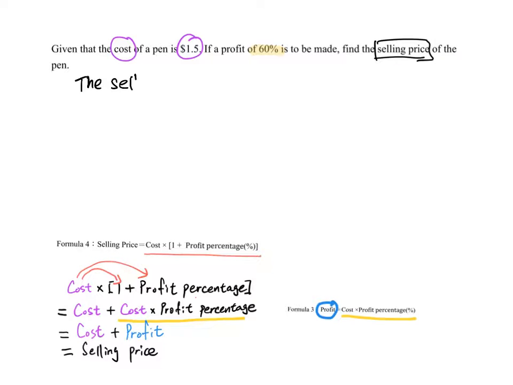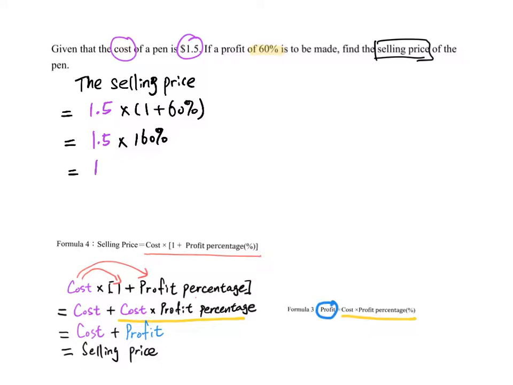Now we find the selling price by using formula 4. The cost 1.5 times 1 plus 60%. It is equal to 1.5. You no need to remove the bracket because 1 plus 60% is equal to 160%.